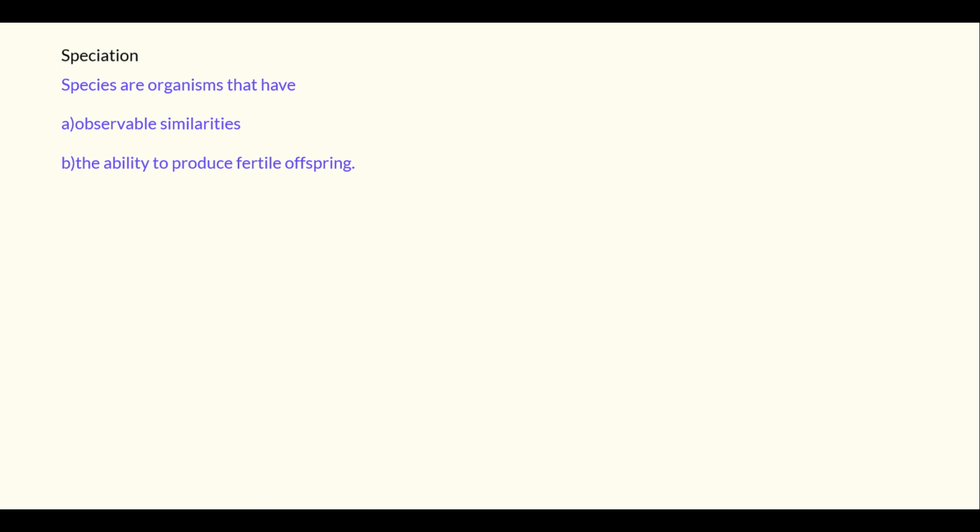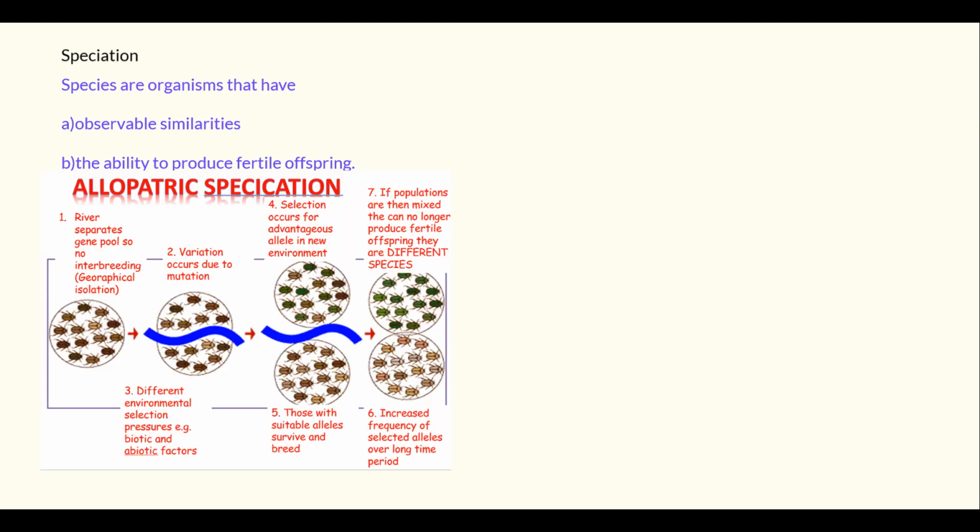So there are two types of speciation: allopatric speciation and sympatric speciation. So to start with, allopatric speciation. You can see we've got one population of insects, and for some reason a river has now separated them. So we call this geographical isolation.